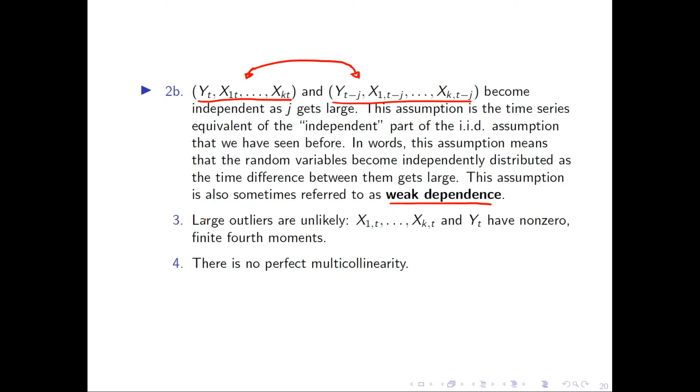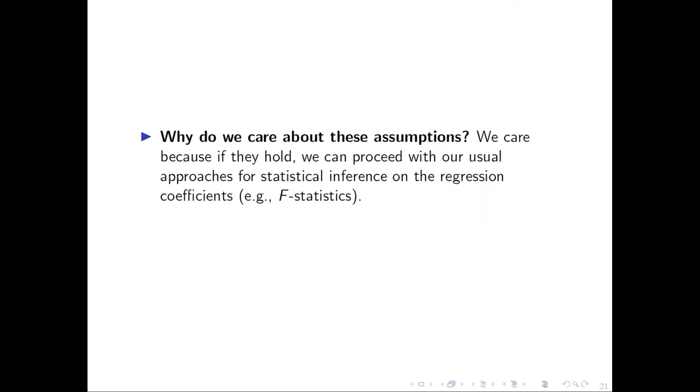And as you have from beforehand, large outliers should be unlikely, and this means that all the predictor variables, the x variables, and our y variable have finite fourth moments. And there should be no perfect multicollinearity between these variables. So the big question is, why do we care about these assumptions?